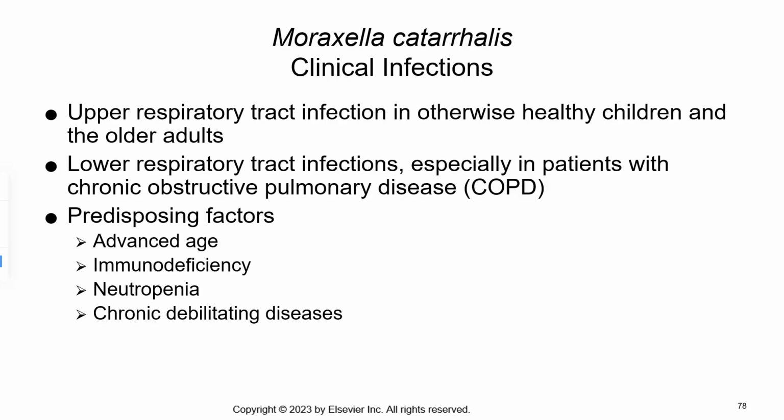Upper respiratory tract infection in otherwise healthy children and older adults. Lower respiratory tract infections, especially in patients with COPD, or chronic obstructive pulmonary disease. Predisposing factors would be advanced age, immunodeficiency, neutropenia, or chronic debilitating disease.